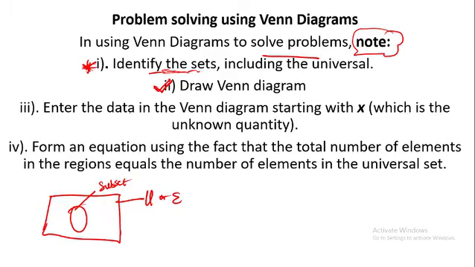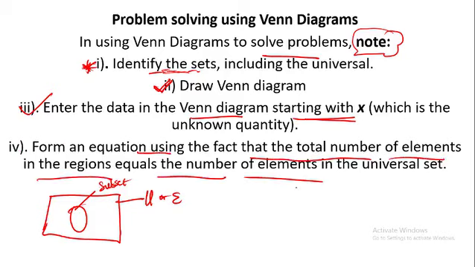And then number 3, you need to enter the data in the Venn diagram, starting with the unknown, which is X. Then after you must have entered it, you now form an equation using the fact that the total number of elements in the region equals the number of elements in the universal set.